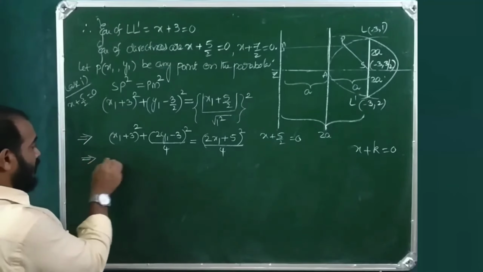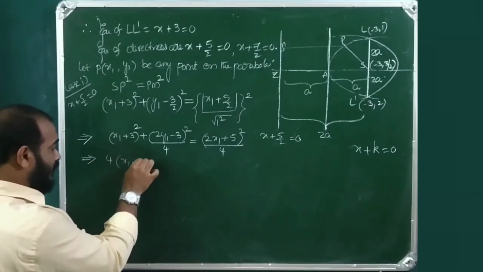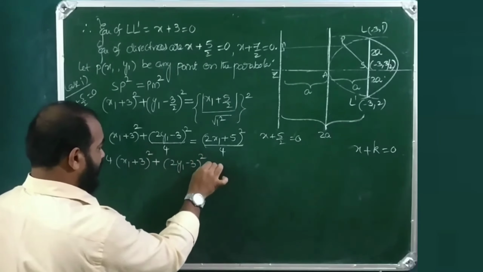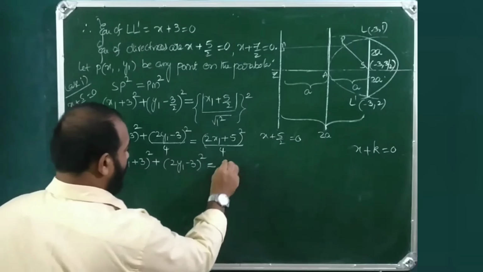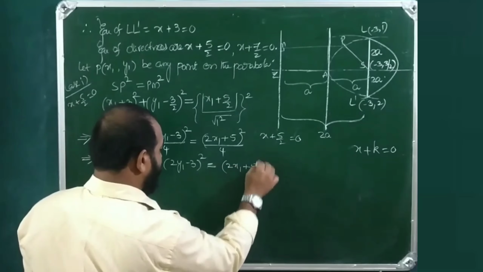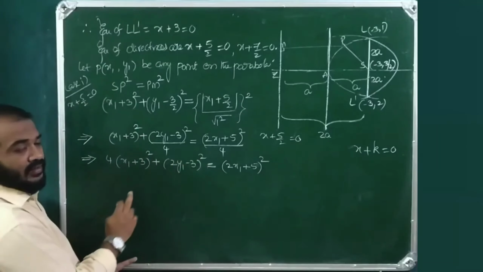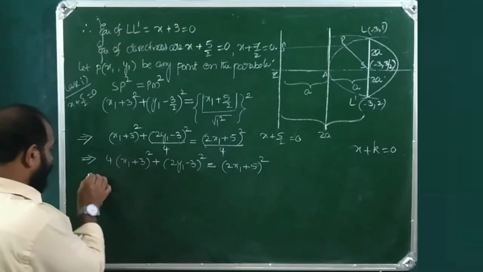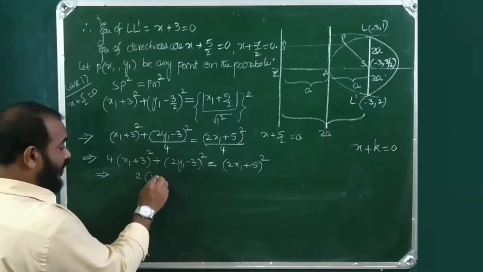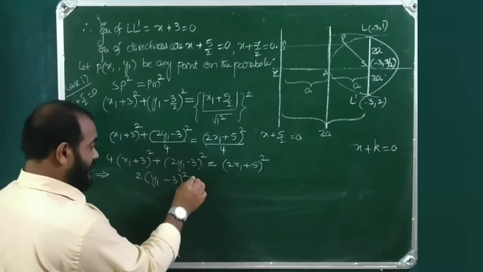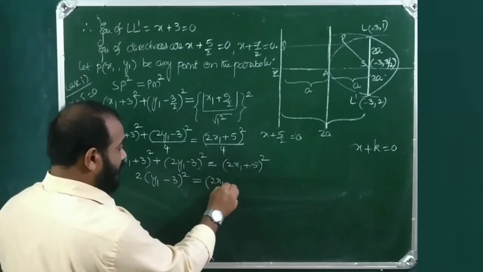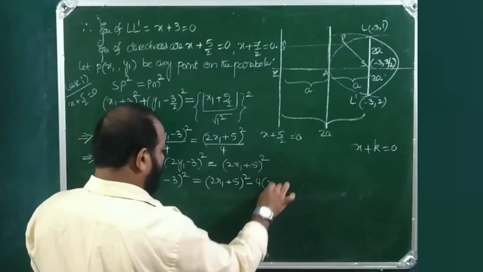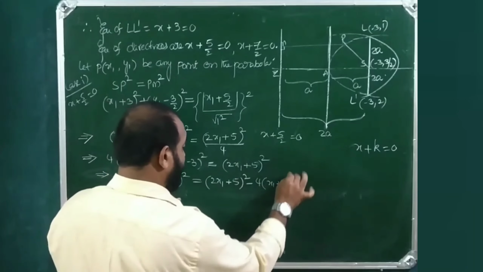Taking the LCM, 4 into (x1 plus 3) whole square plus (2y1 minus 3) whole square is equal to (2x1 plus 5) whole square. So the 4 in the denominator on both sides gets cancelled. So (2y1 minus 3) whole square is equal to (2x1 plus 5) whole square minus 4 into (x1 plus 3) whole square.